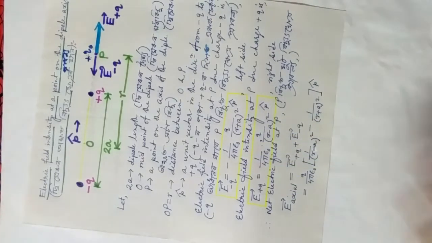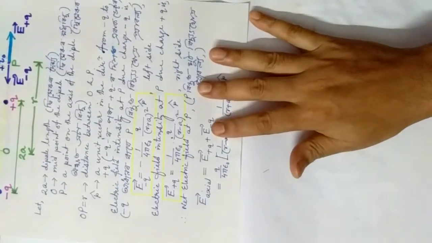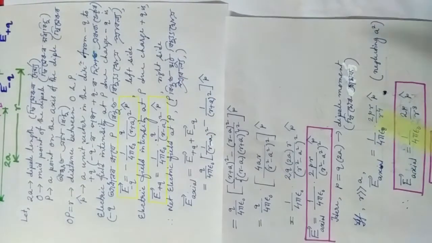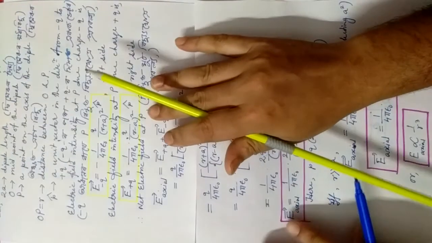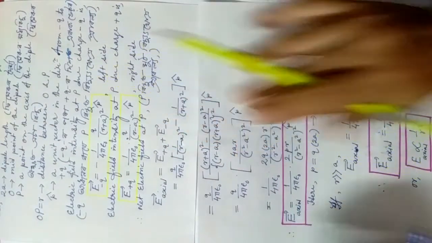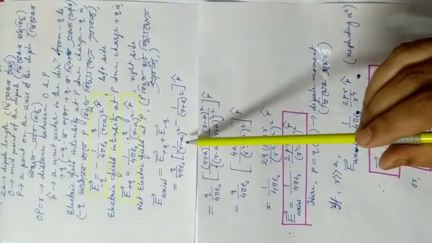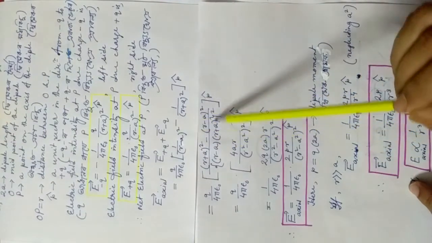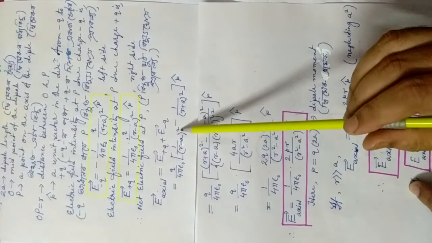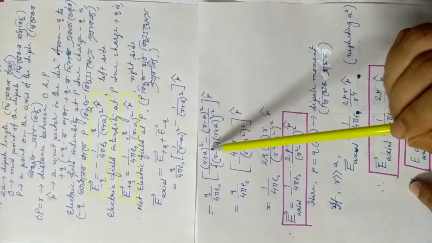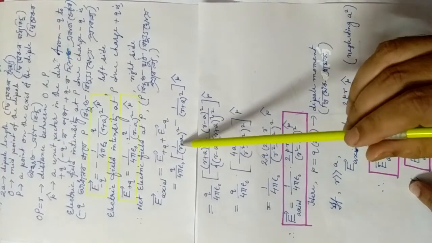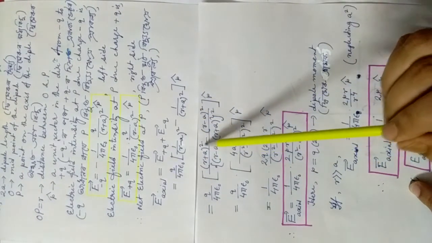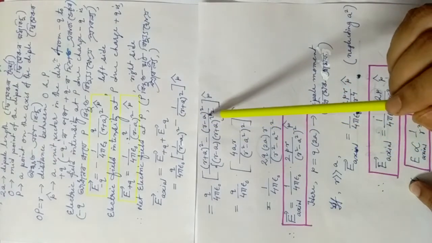Now the remaining part, the calculation is very easy. Here we may write r minus a whole square into r plus a whole square in the denominator, since this square is common. Now after simplification we can write r plus a whole square minus r minus a whole square.